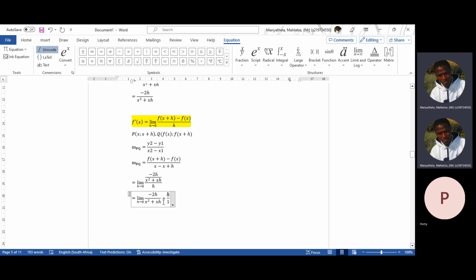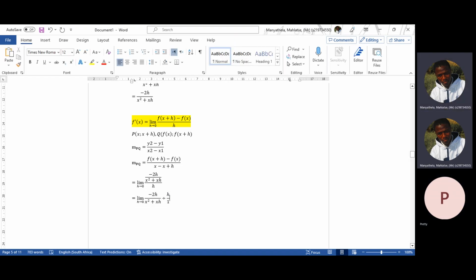So when we change division to multiplication, the denominator becomes the numerator and the numerator becomes the denominator, meaning that h and 1 are going to swap places. Yes. That's the next step. Okay, fine. Let's change it to multiplication.